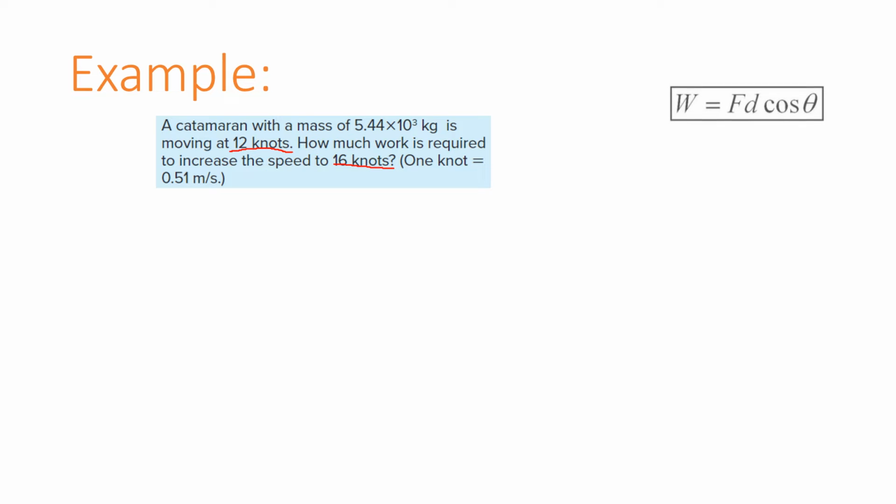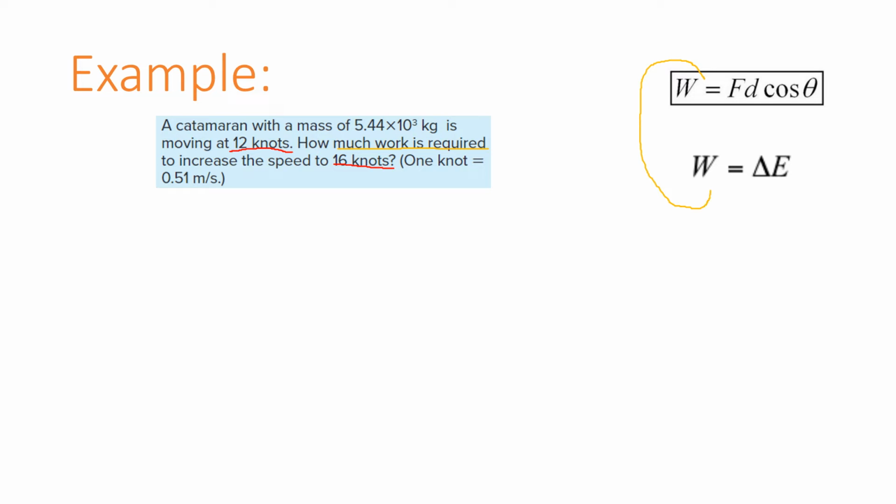We want to know how much work is required, and we know both equations that give us work: the work equation and the work energy theorem equation. In the first equation we would also need force, and the question doesn't give us force or distance, so we won't use the first equation.